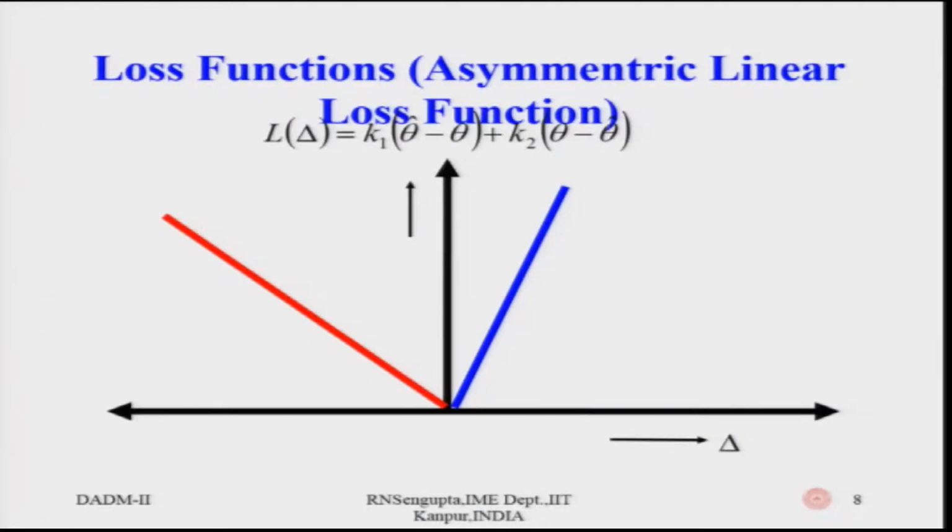In the example on the slide, the weight given when theta minus theta hat is positive, in the first quadrant, is more than the weight given in the second quadrant. That means for any positive deviation we give a linear weightage, obviously a linear functional form, but the weightage would be much more.